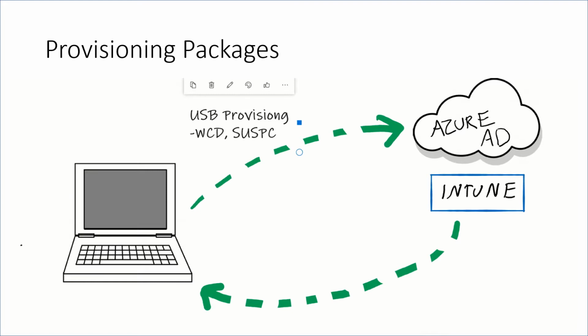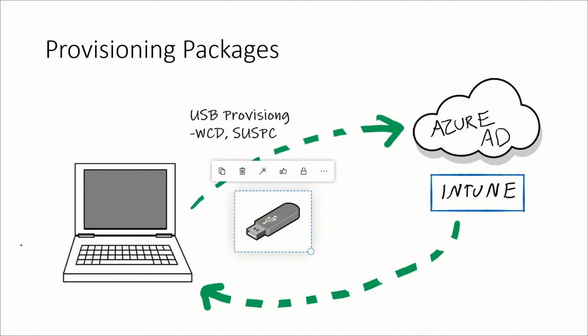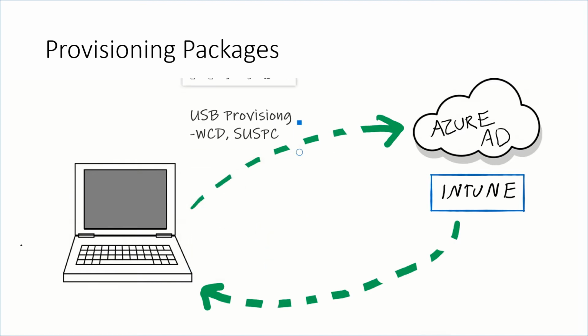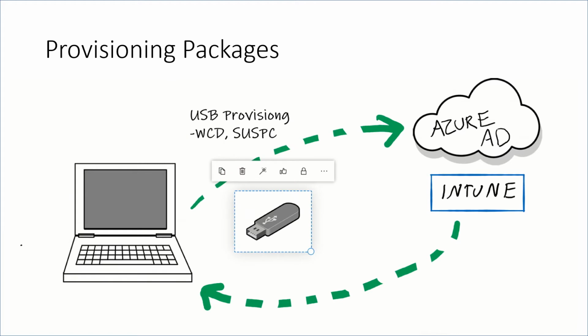However, to control that device, it needs to first be joined to Azure Active Directory. So one way to do that is via a USB provisioning package. We have two tools to make that provisioning package: Windows Configuration Designer and Setup School PCs.